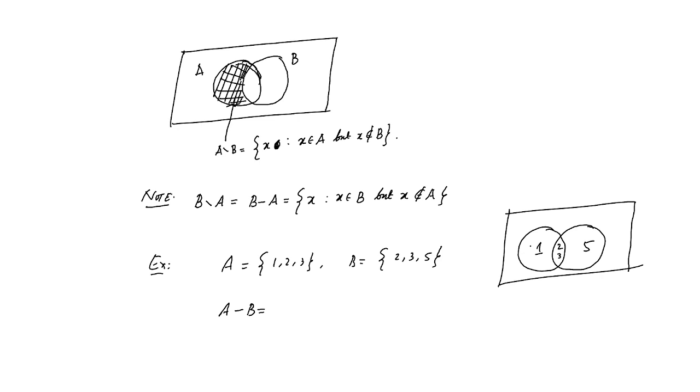So A minus B contains that portion. That means A minus B will be the singleton set 1, whereas B minus A will be 5. Okay. So you can write either this symbol or this symbol. In that way you can calculate A minus B and B minus A.